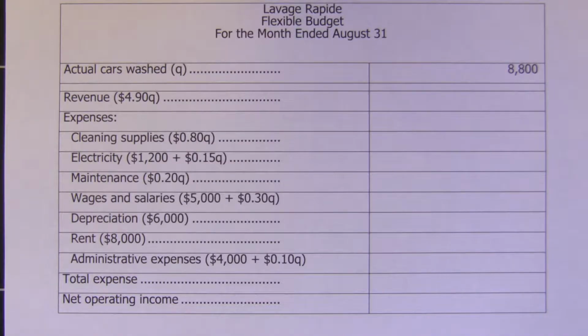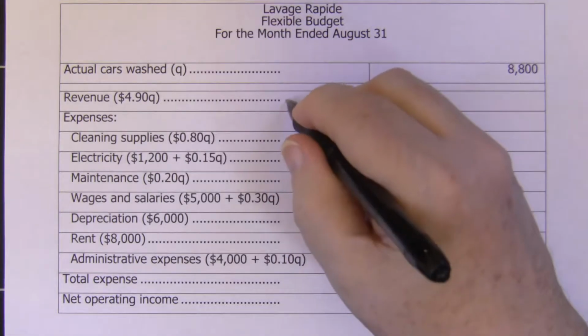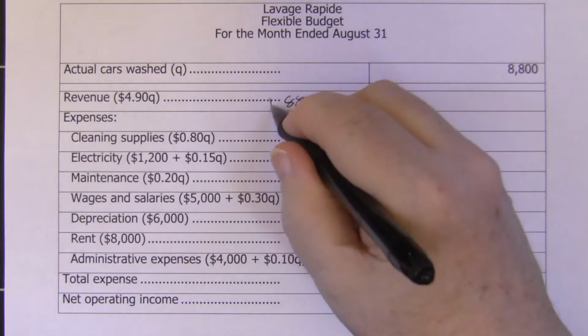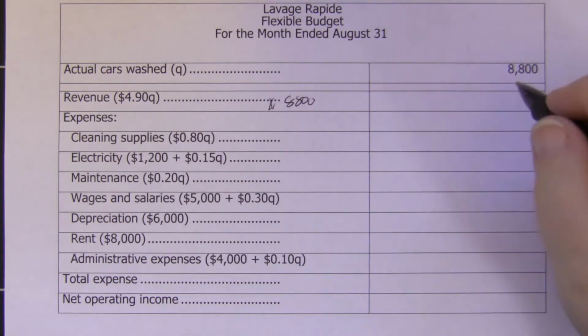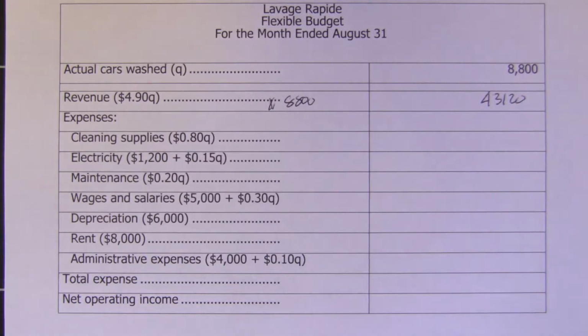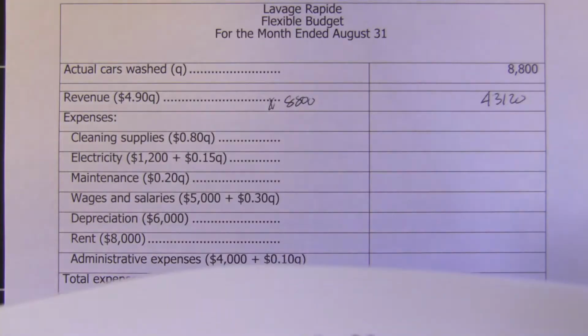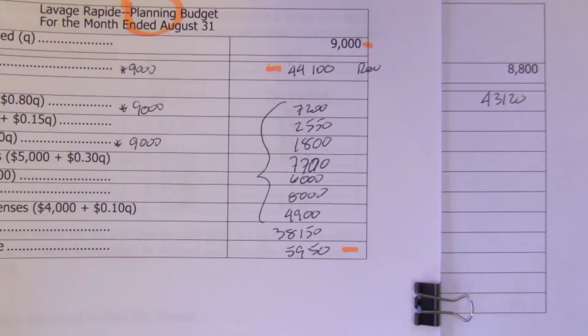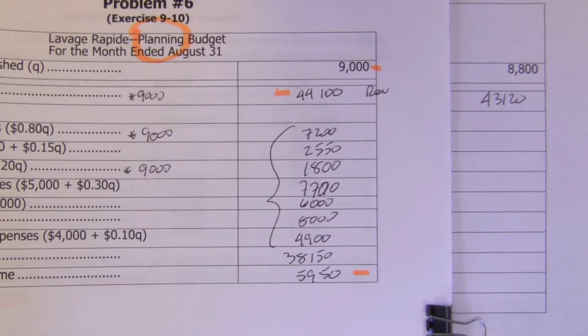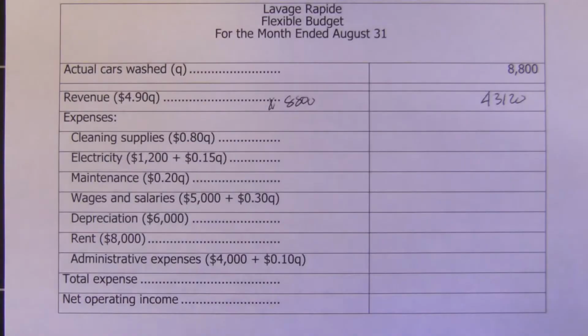So that means that this times 8,800, number of cars washed, comes to 43,120. Go back and look. Had we done 9,000, it would be 44,100. We did 8,800, so it's less.